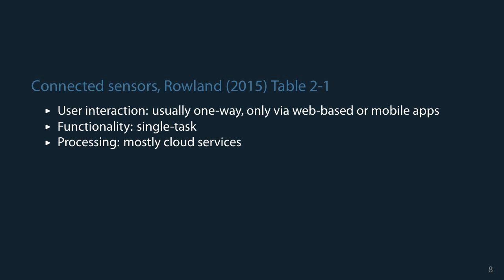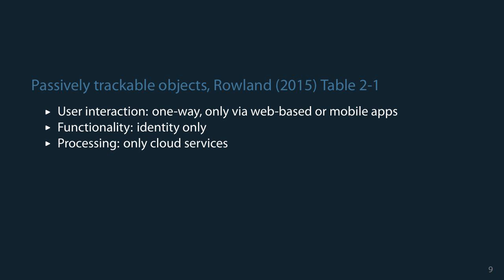And this is true, by the way, I say connected sensors, but this is also true for actuators. For passively trackable objects, the user interaction is one way, and it's only via web-based or mobile apps. And the functionality is just to broadcast the identity of the passively trackable object, and the processing is only done in cloud services.